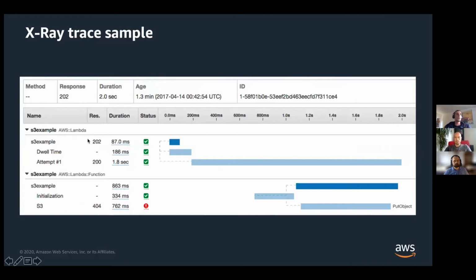Here we can see all the details about how long it took to spin up the runtime, how long it took to do the overall request, and specific information about how long it took to get the object that we are trying to get, and potentially where the issue is. So great, here we see that the issue is the Lambda function failing to get the object.